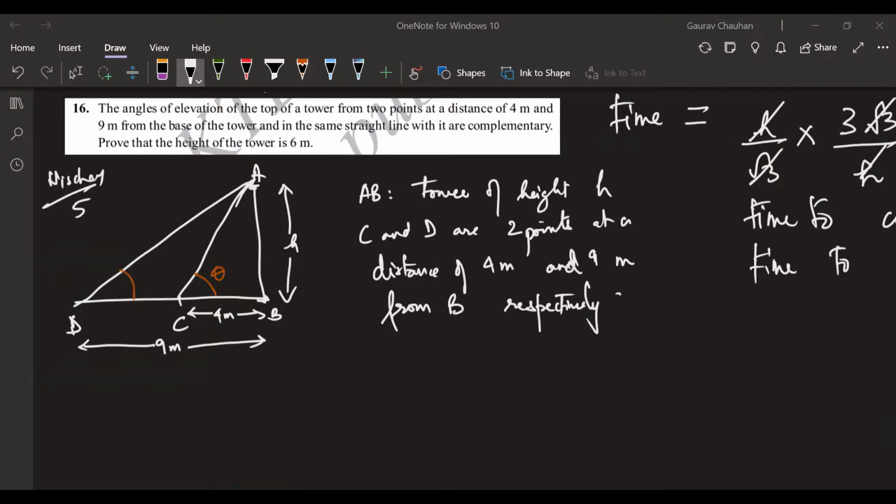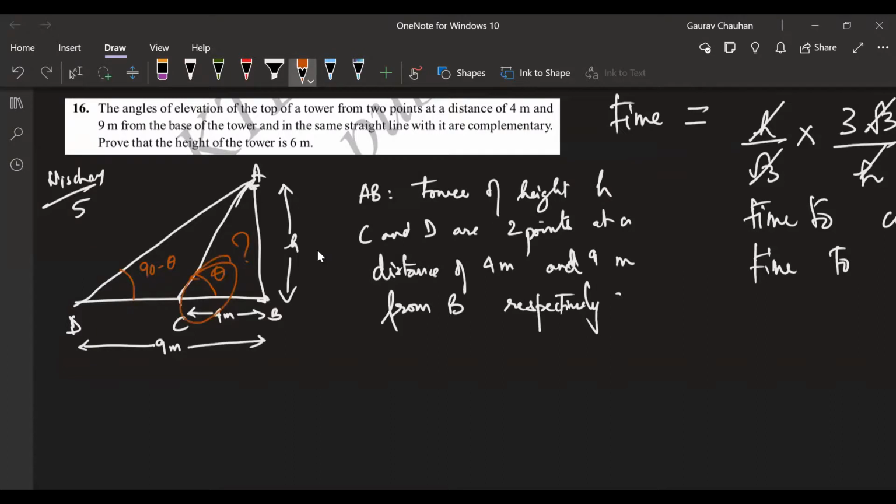Dilruba, how do you know 60? 30 was not said, theta was said. This we don't know what the angle is. But whatever theta is, since it is complementary, this angle will be 90 minus theta. Okay, are we clear with this, Dilruba? Dilruba, this is not 30.